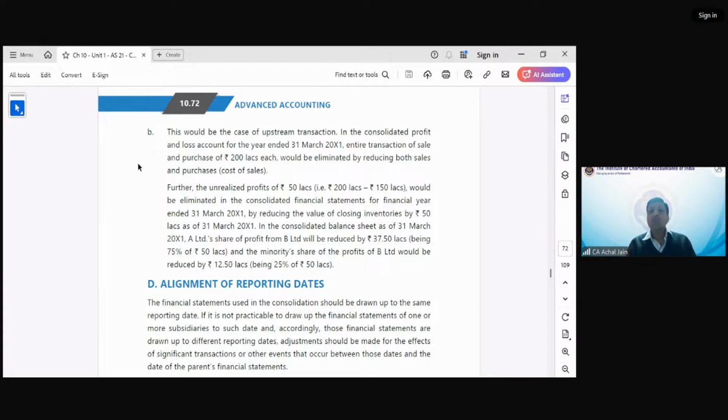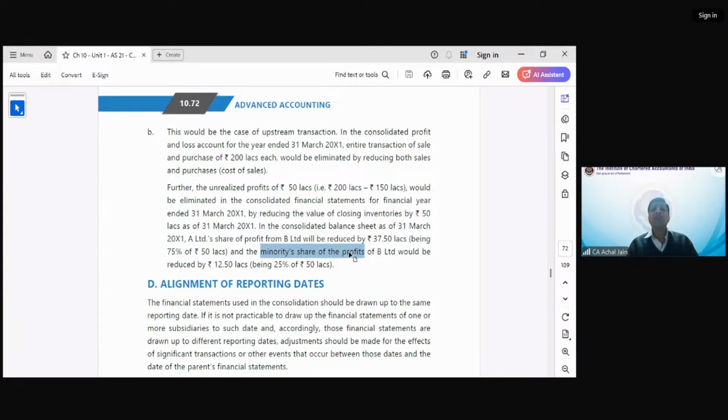So therefore, whenever you have any such situation wherein the subsidiary is recognizing gain, now when you need to eliminate that in the consolidated financial statements, how will you do that? You will have to reduce the share of profit of A as well as share of profit of minority. Both of them in a combined manner will amount to 50 lakhs only.